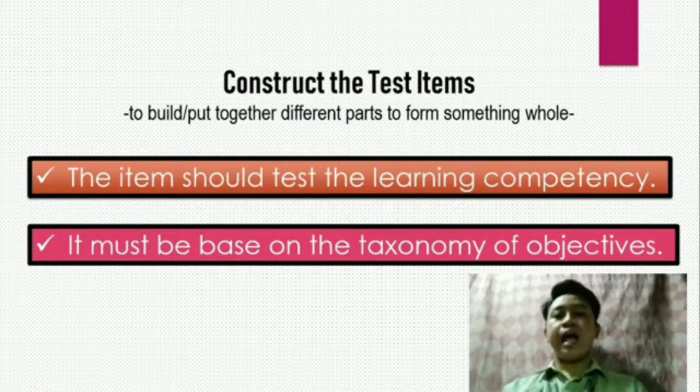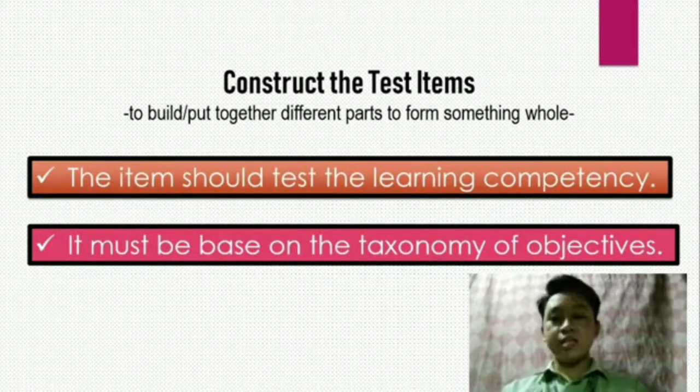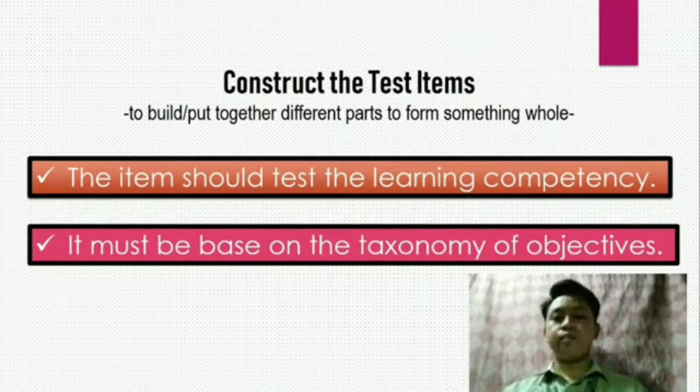Number 1, the item should test the learning competency. That's important in constructing test items. Your item should test the learning competency of the students, their critical thinking skills, problem-solving skills, and so on.